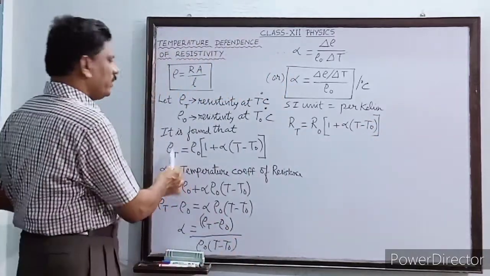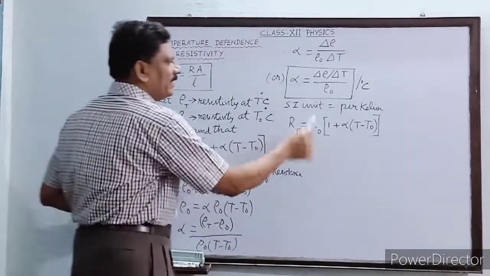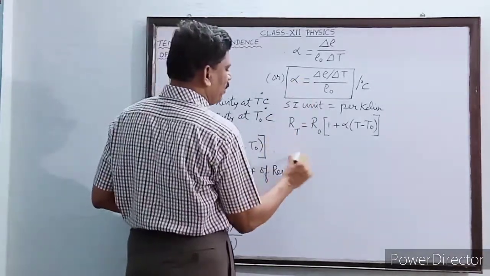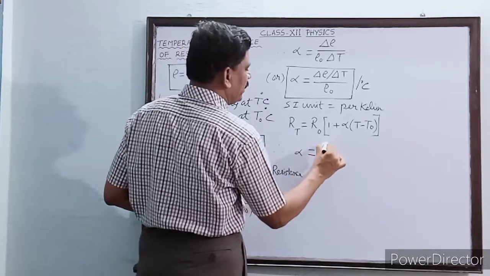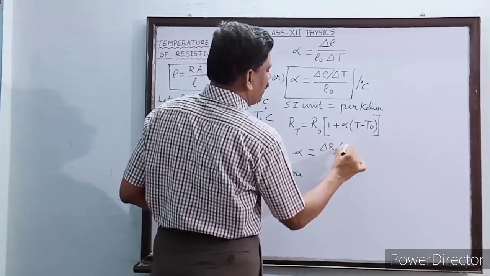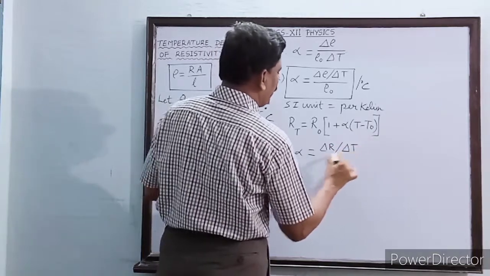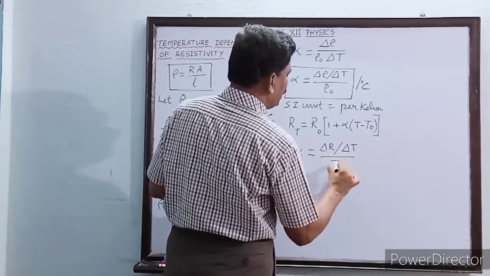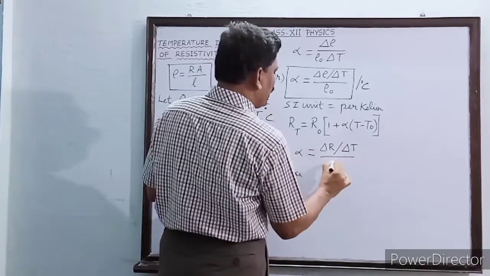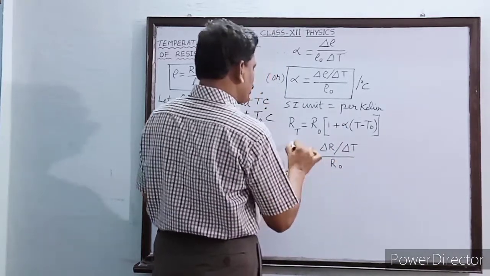Because rho is proportional to R, I can write the equation in another form. So we get, therefore, alpha is also equal to delta R divided by delta T, whole divided by R naught. So this is the expression for alpha.